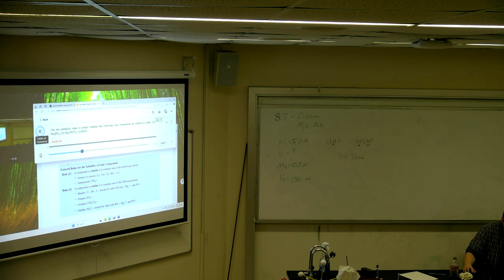Well, you look down here, Na, this is saying group 1A cations, that's the first column. So any ionic compound that has these is soluble. This one that's got sodium, that one's soluble in water. This one that has K, that's also soluble in water. That's how you use this chart, because those are listed here.